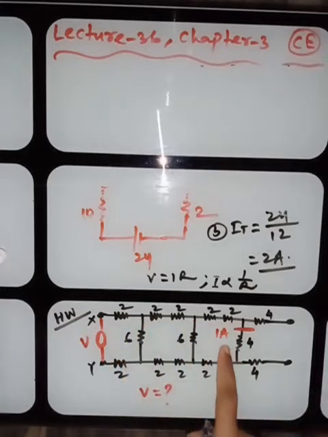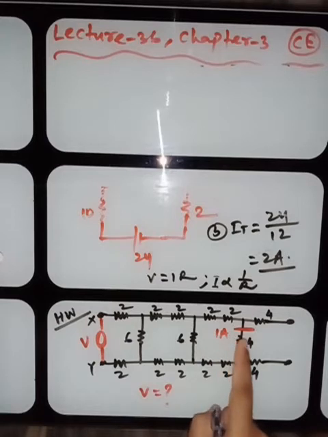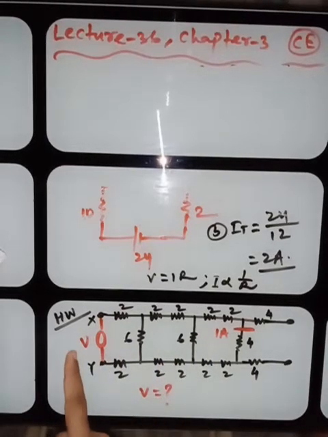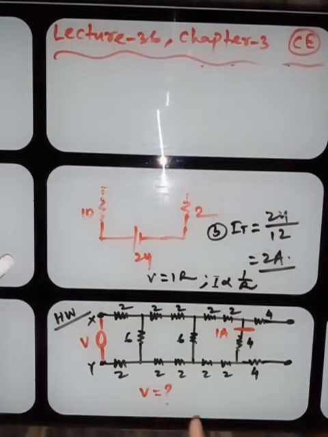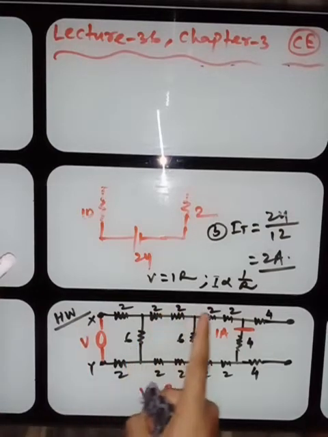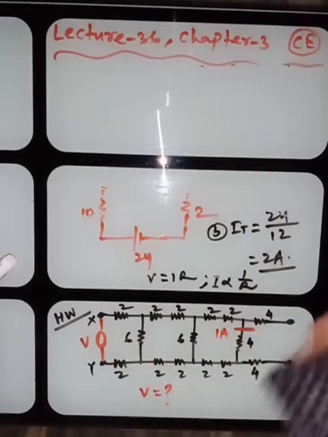You have to find, if 1 ampere current reaches this point, then how much potential has been given between X and Y, and also you have to find the current across each resistor connected here. This is the question.